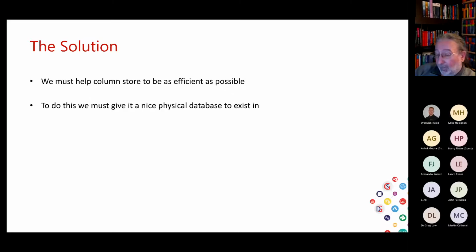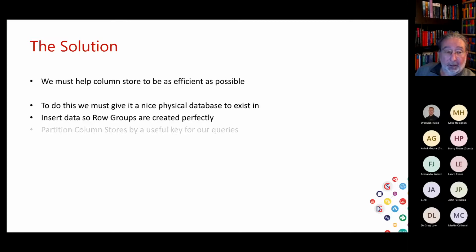It just means you have a database that is created. And the second part is we have to insert data so that row groups are created perfectly and super efficient and not half filled. We have to use partitioning with a partitioning key that is actually used in all of our queries, or in almost every one of our queries.